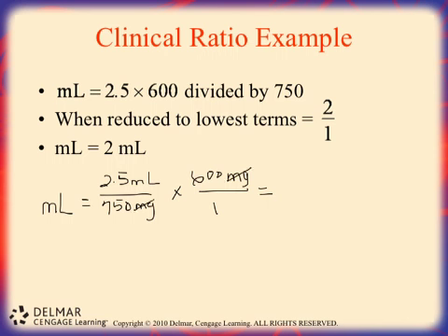We can reduce here by dropping our zeros. 2.5 times 600 divided by 750, we've reduced. 5 goes into 60 12 times. 5 goes into 75 15 times.